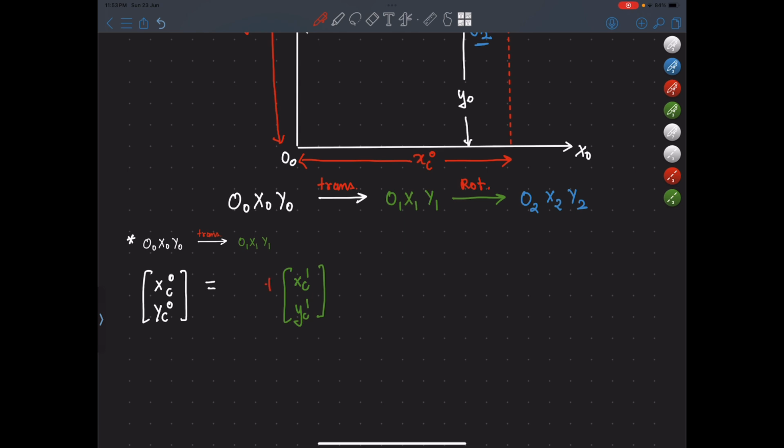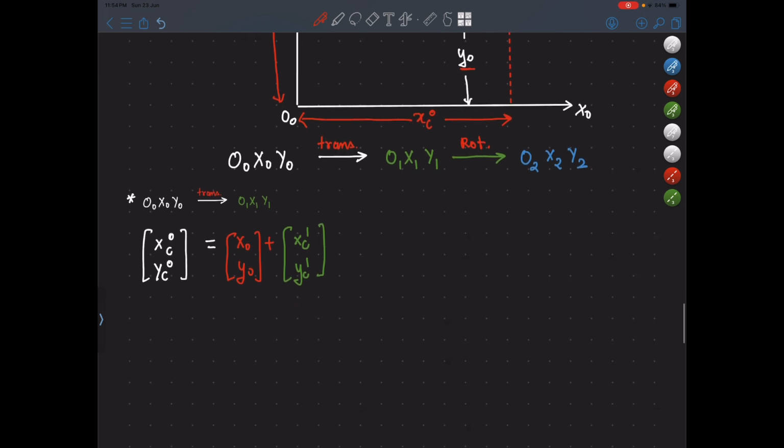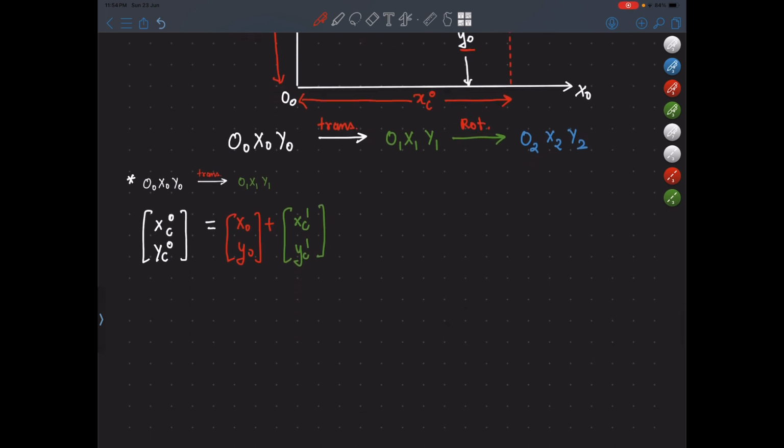You just add the amount of translation it has done. So this is what you add. This is the pure translation relation.